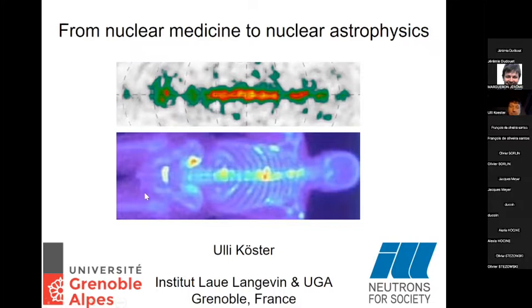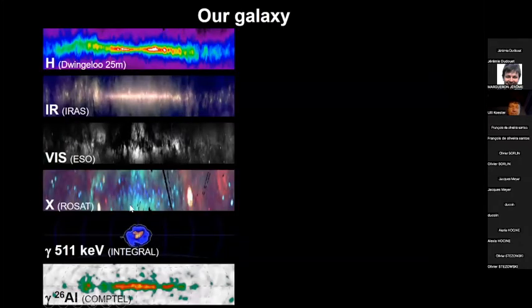Now, this is our galaxy, the Milky Way, shown in different wavelength regimes. You see here atomic hydrogen, which is the warm interstellar medium, clouds and dust. Then you have infrared spectroscopy, which shows interstellar dust warmed by sunlight or starlight. Then you have visible, where dust shows up more as shadows, and obviously the light of the stars. You have here the X-ray regime, where you see mainly hot gas, plus some shadows from dust again.